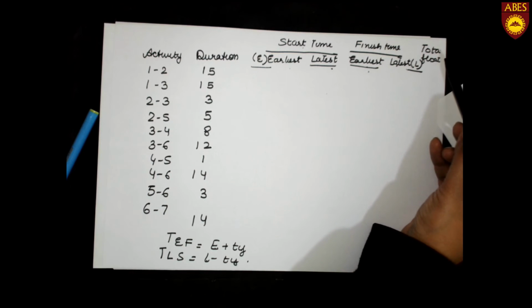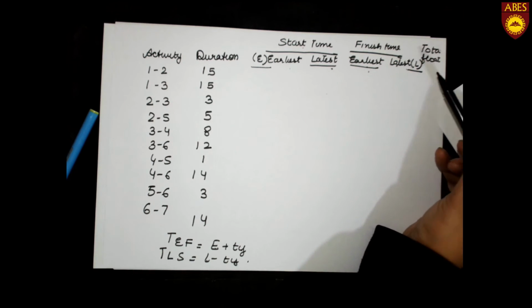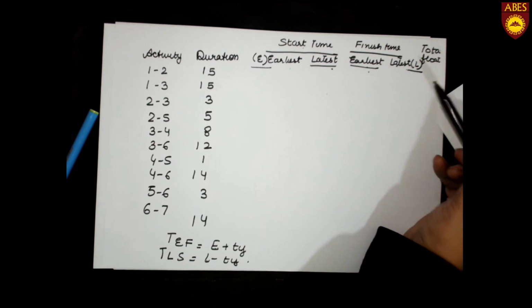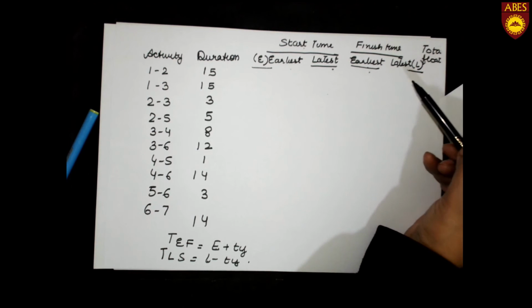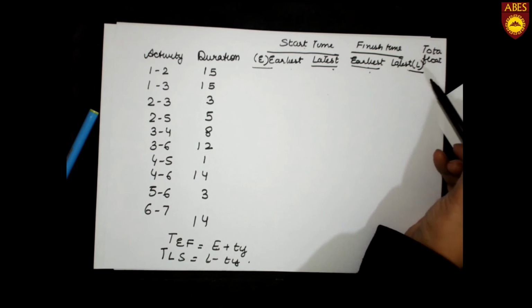Total float is the difference between the maximum time available to perform the activity and the activity duration. If the total float is 0 for that particular activity, then that activity is a critical activity. This is how we can find out the critical activity in the network.